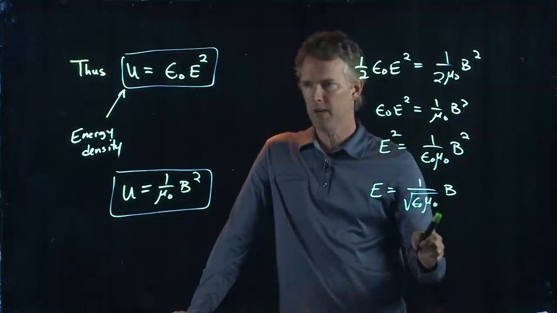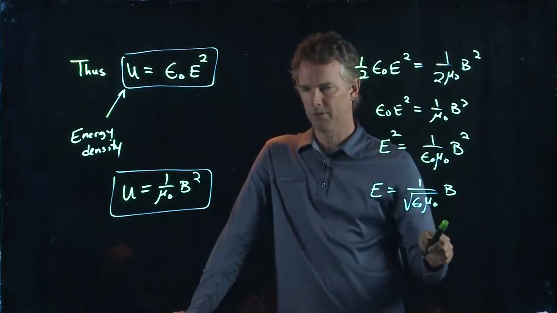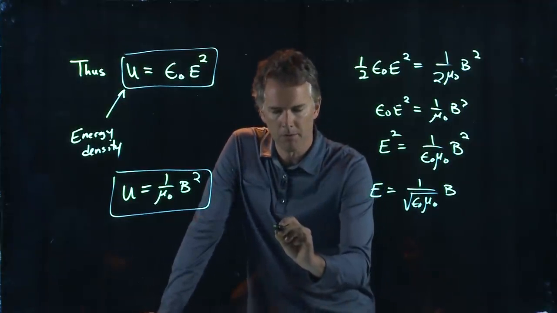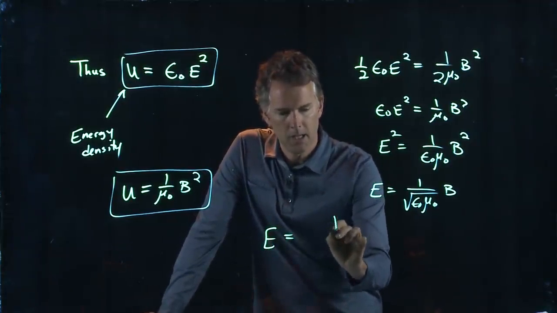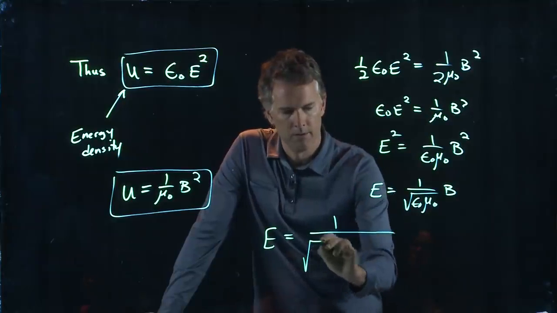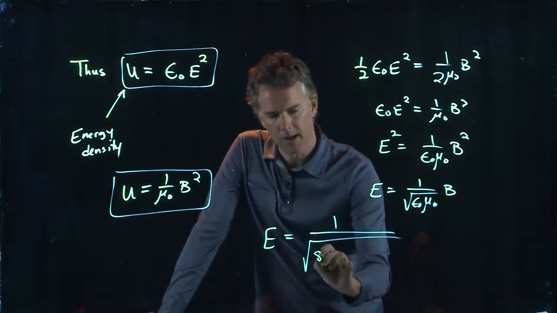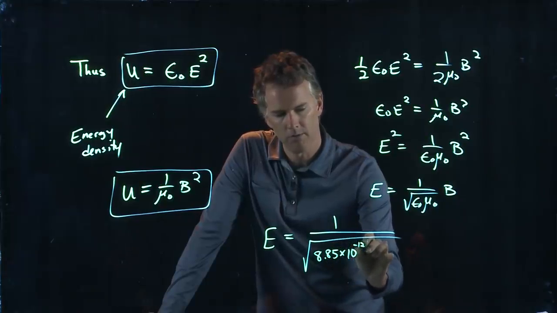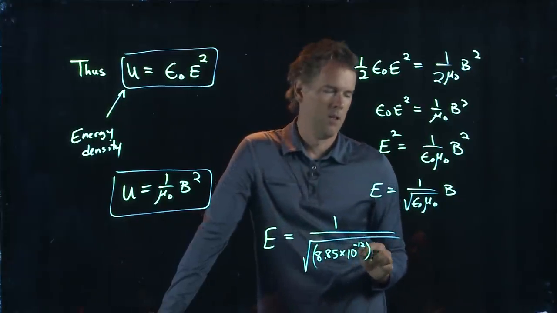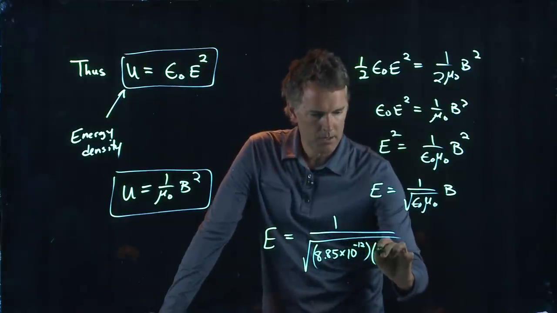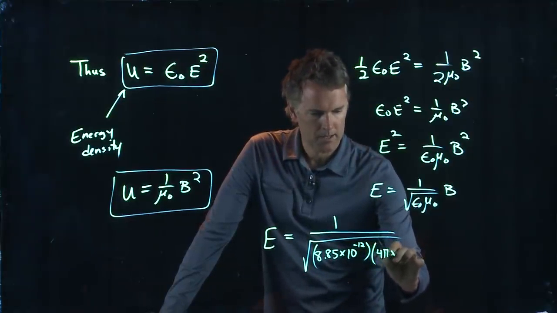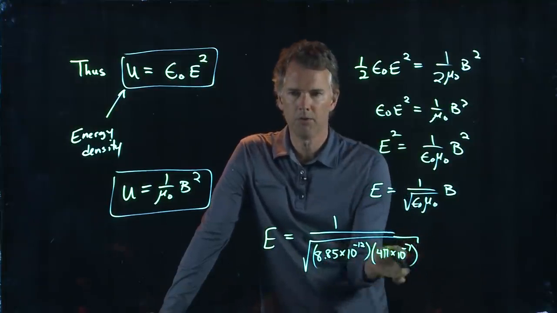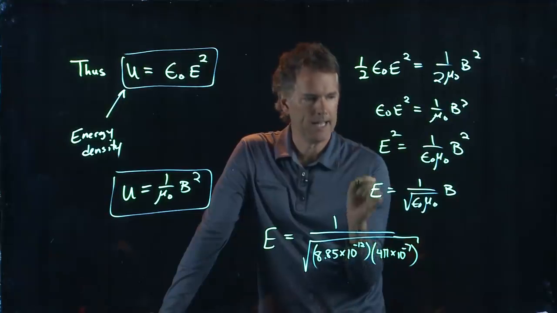Okay, but we know what these values are. We know what epsilon naught is and mu naught is. So this becomes the following. E is 1 over the square root of epsilon naught, which we said was 8.85 times 10 to the minus 12. Mu naught was 4 pi times 10 to the minus 7. Somebody punch this stuff into your calculator and tell me what you get.